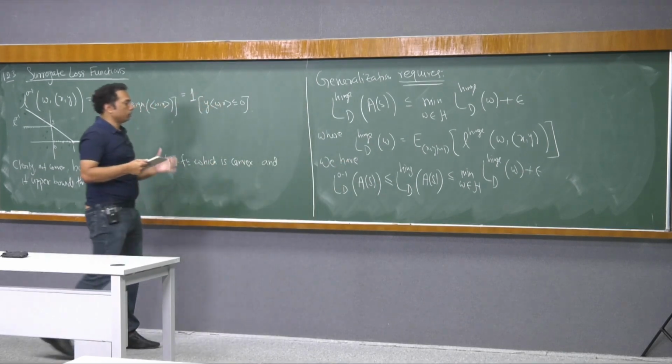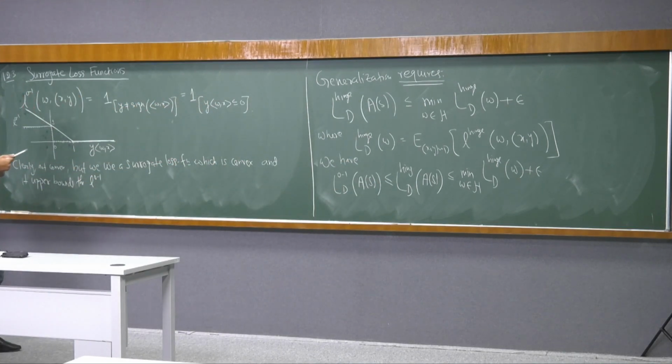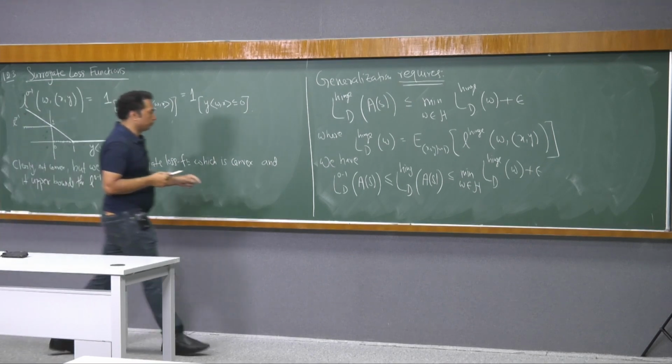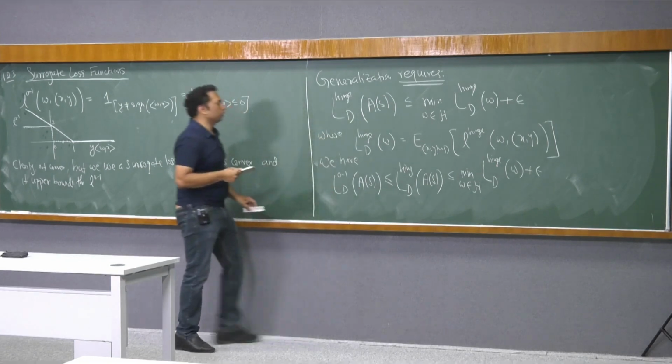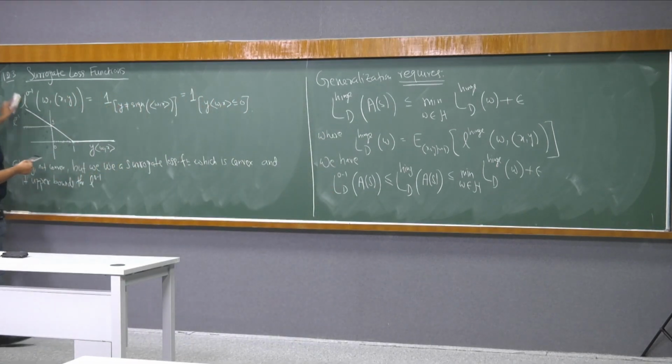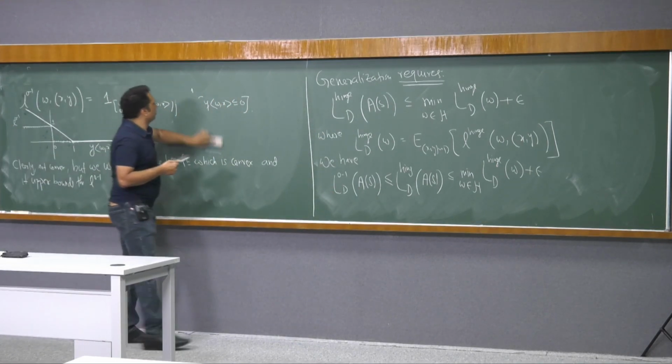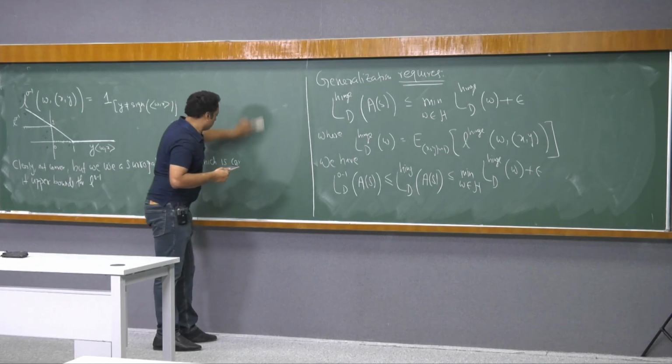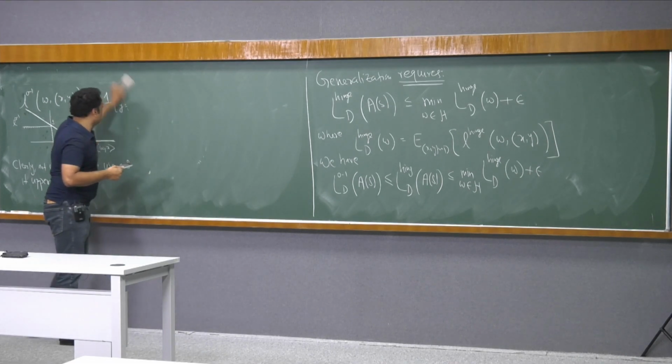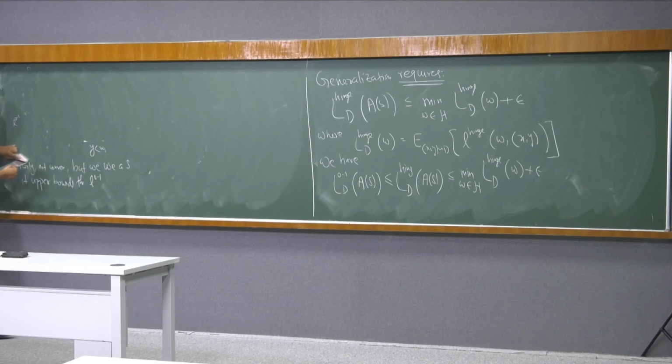What kind of errors will they incur? We will write one line after this that will help us understand what will happen in general when we work with a surrogate loss: what kind of approximation and optimization errors, and how they are related.